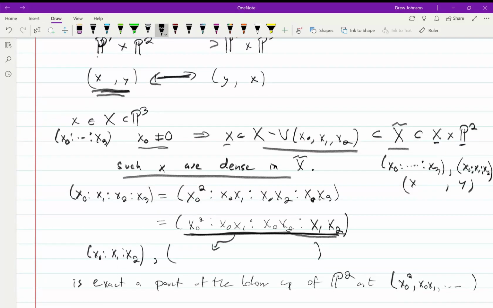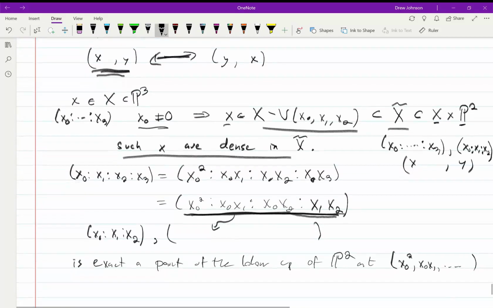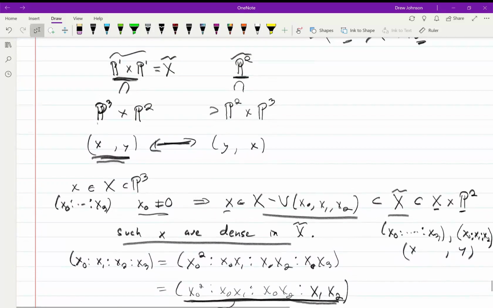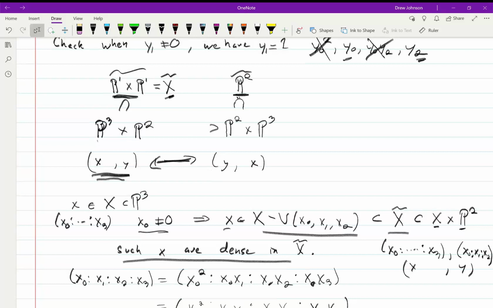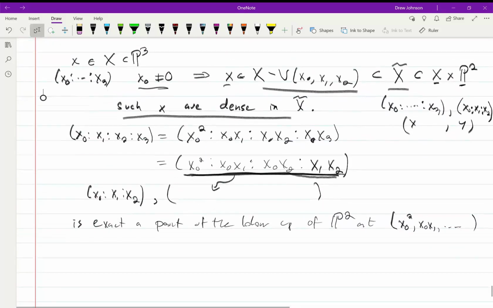You can change them to y's if you want. Okay, so what have we done? We've checked that you take a dense open subset here, it is contained in this one over here. Okay, and the other direction is also not hard.